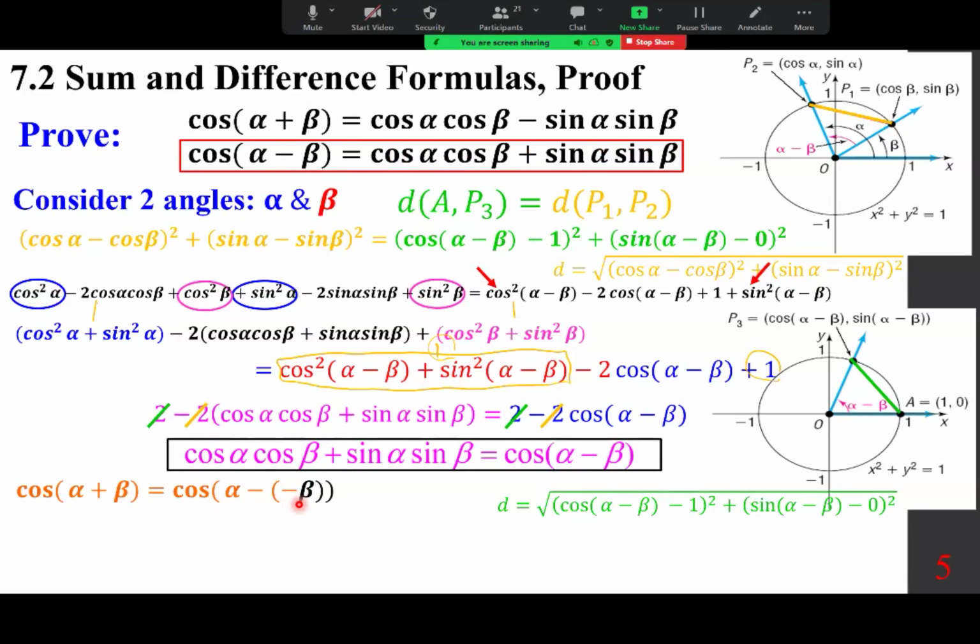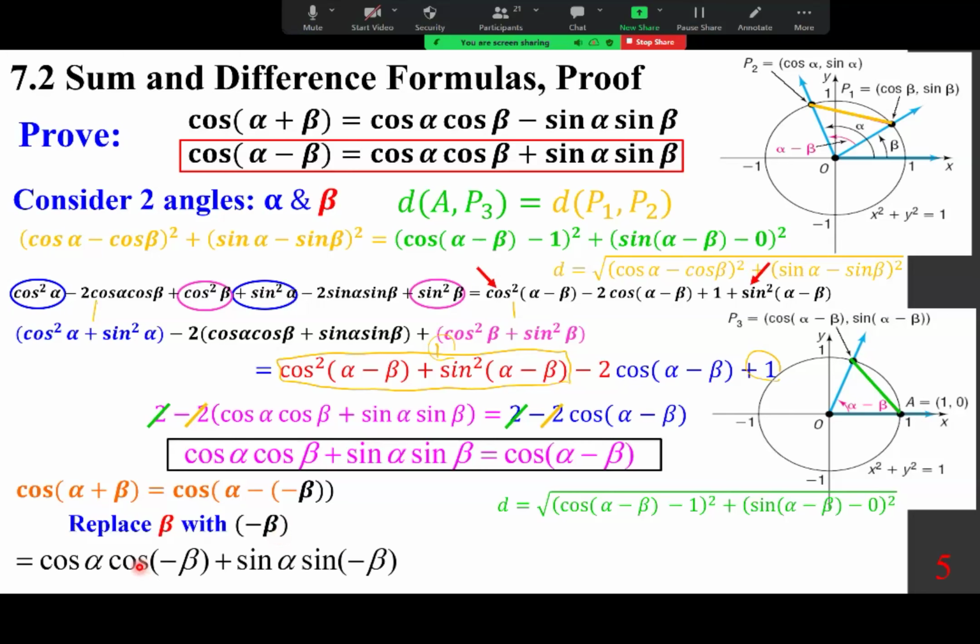Imagine this is x. So cosine alpha, cosine x, plus sine alpha, sine x. That's the meaning of it. So we have cosine alpha, cosine x or cosine of minus beta, plus sine alpha, sine x, that means sine of minus beta. So replace the beta with minus beta, okay?